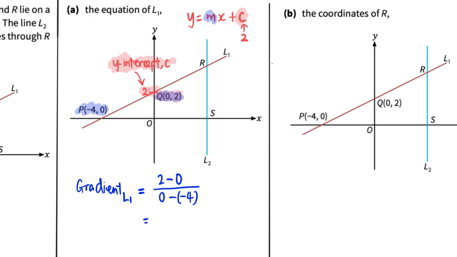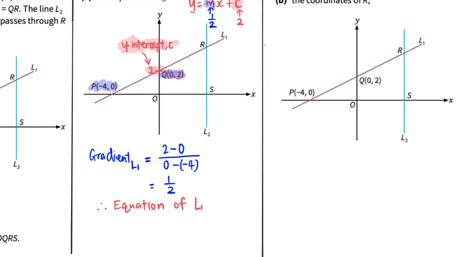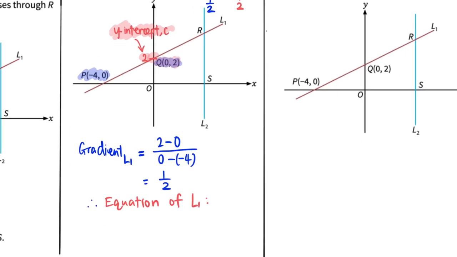I will then be able to get my gradient as half. So I got my gradient as half. And therefore, the equation of the line L1, let me just have some space up there, is y equals half x plus 2. Done.